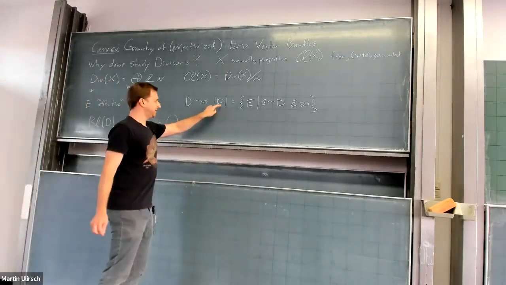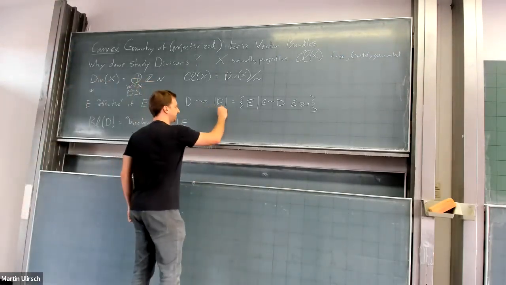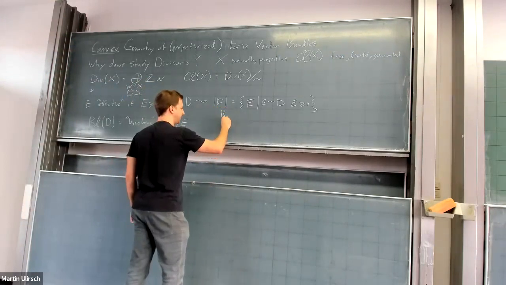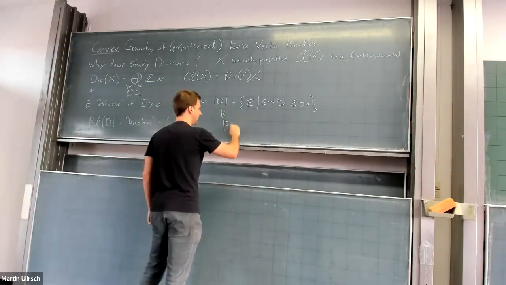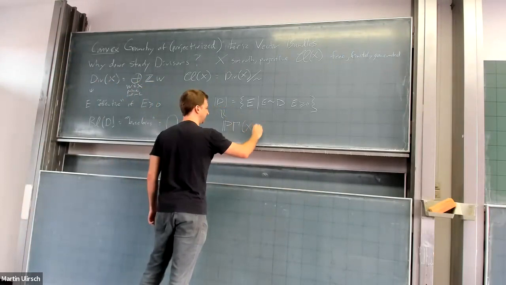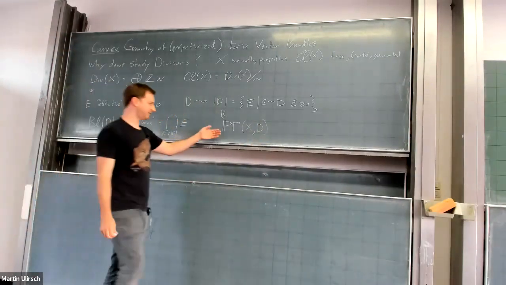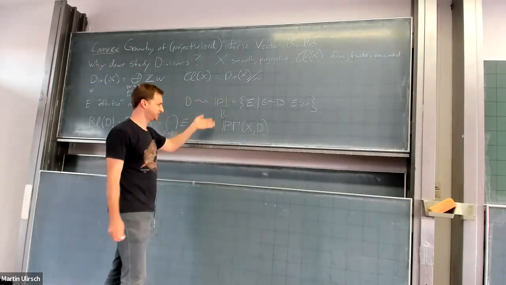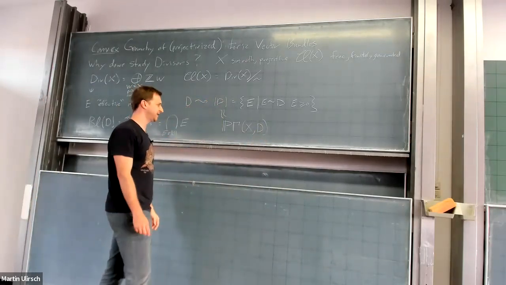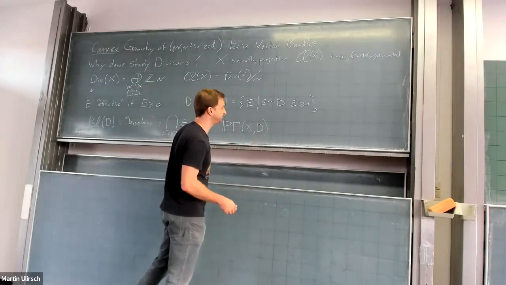And then the class itself can be identified with a certain projective space, which for technical reasons I'm going to write like this. It ends up being a finite dimensional vector space, or a projective space.